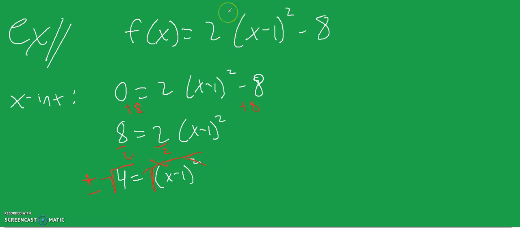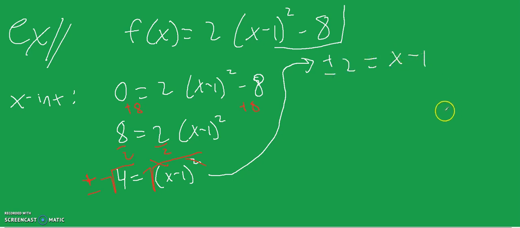The square root of 4 is 2, so I get plus minus 2 equals x minus 1. That gives me plus minus 2 plus 1 equals x.